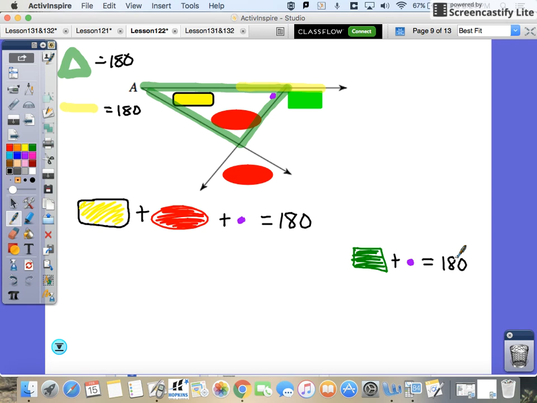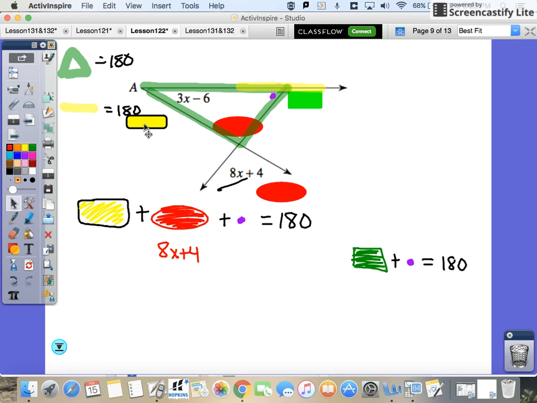So you just have to look at what's under yours. So this red dot is actually 8x plus 4, and it's not written in here, but they're the same thing, remember, okay? So this is also 8x plus 4. Then the yellow rectangle is 3x minus 6.